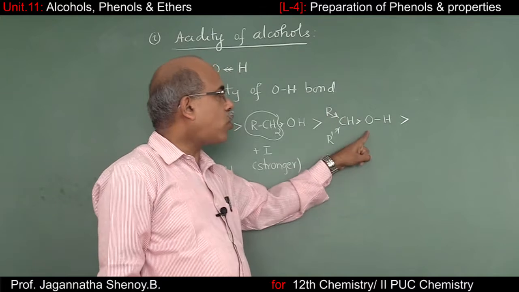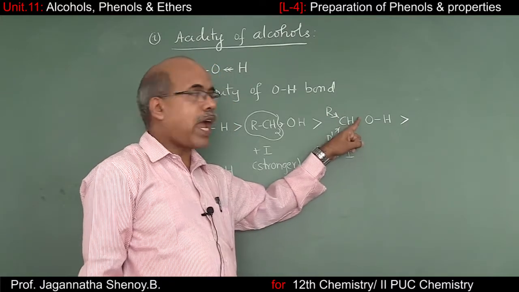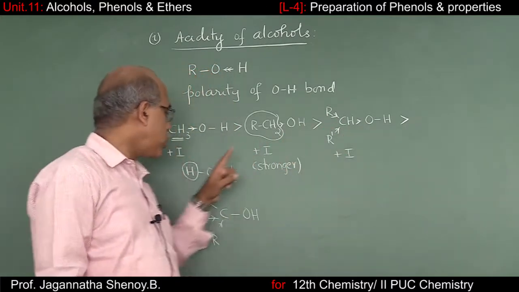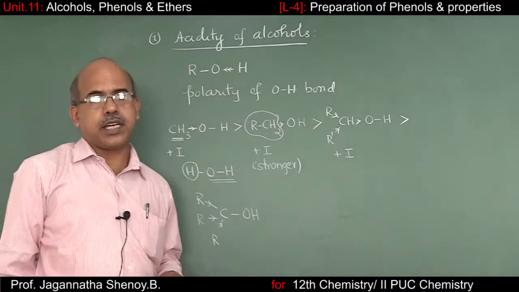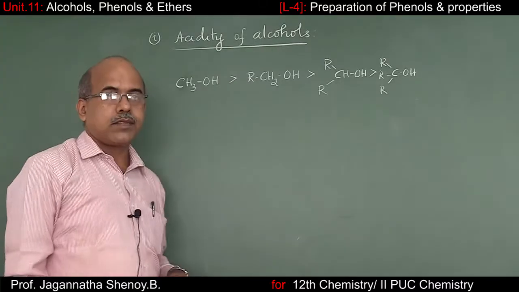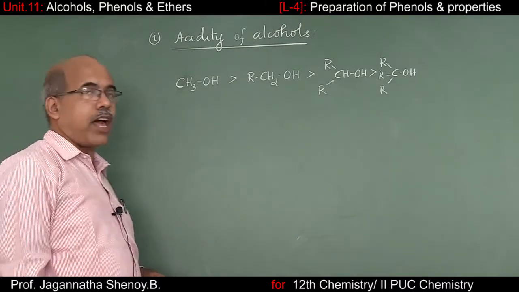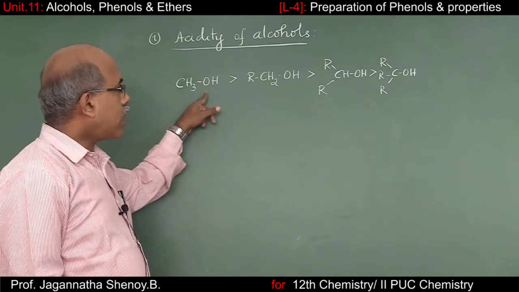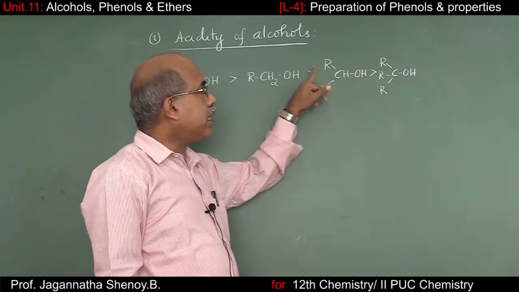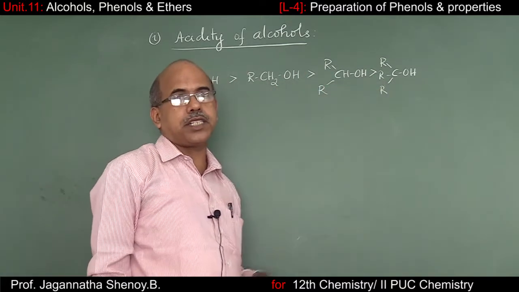Primary alcohol is a stronger acid compared to secondary, and in turn secondary is stronger compared to tertiary. Just now we have studied the order of acidic strength of alcohols. Methyl alcohol is greater than primary, greater than secondary, greater than tertiary.